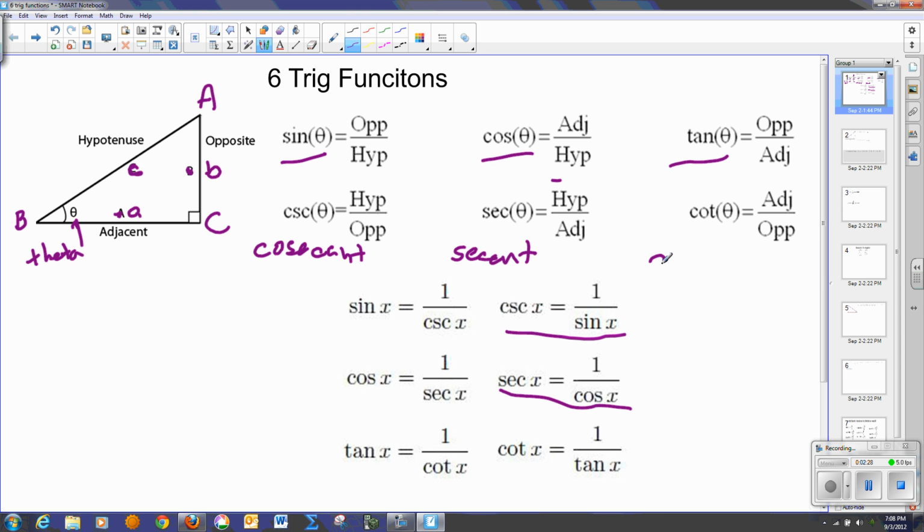And the cotangent is just the reciprocal of the tangent. So it's the adjacent over the opposite instead of the opposite over the adjacent. And we will use all these throughout the day.